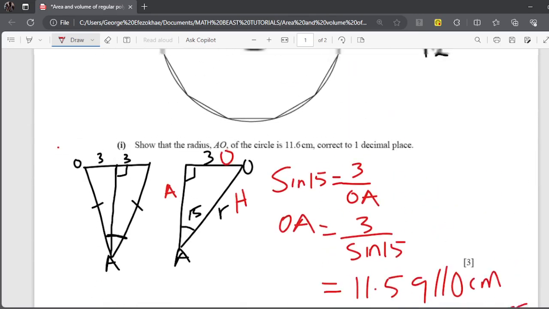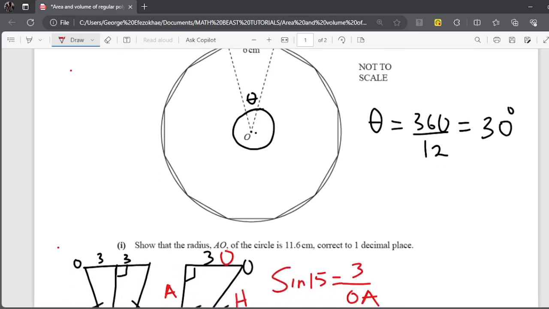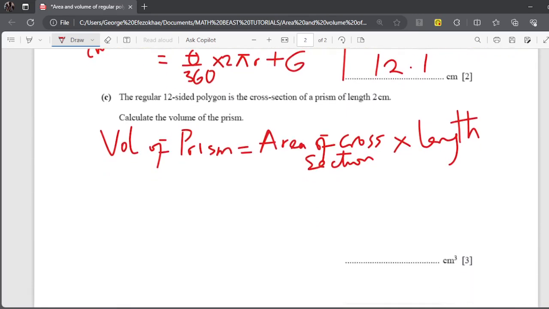As we see that the cross section is a 12-sided polygon, normally a dodecagon, we need to find the area of one of the triangles there and multiply it by 12 identical triangles to form the full polygon.